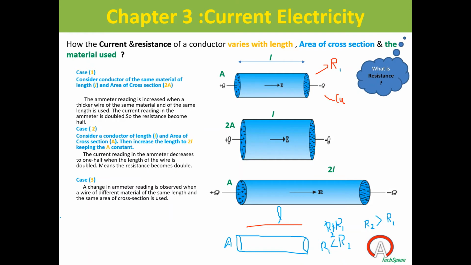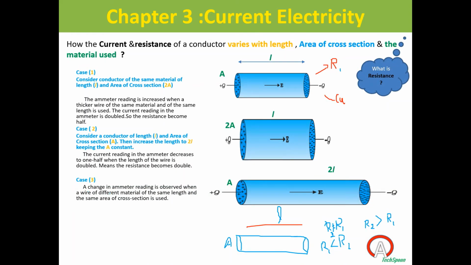Okay. So in case 3, it's saying that the resistance also depends on the nature of the material by which the conductor is made up of. Clear? So write down this also.